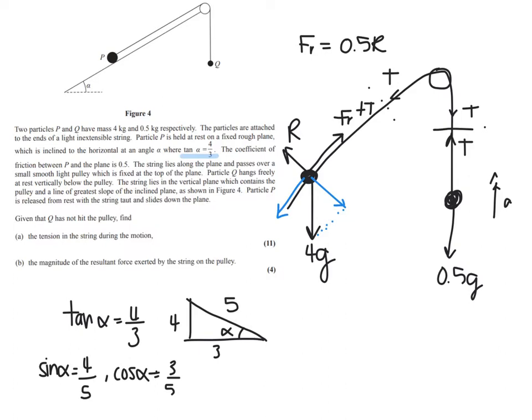Since this is orientated at an angle of alpha, the angle alpha will appear in here, and that makes this blue line sticking it to the slope 4G cos alpha, and we know cos alpha is 3/5, so that's quite nice, and the bit sliding it down the slope is 4G sine alpha.